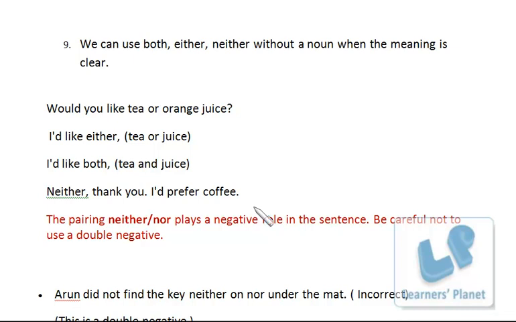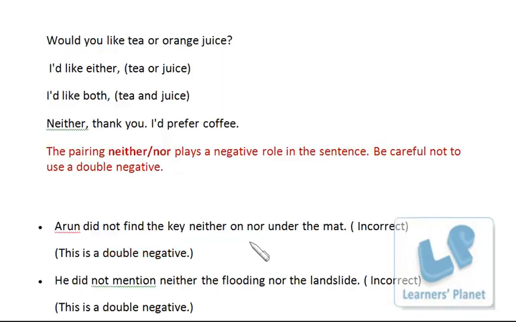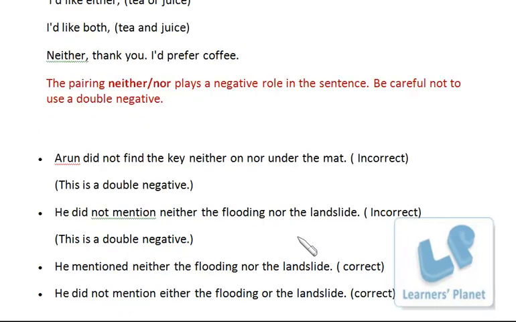The pairing neither nor plays a negative role in the sentence. Be careful not to use a double negative. Arun did not find the key neither on nor under the mat. That's incorrect because there is a double negative: did not is negative, and neither nor is also negative. He did not mention neither the flooding nor the landslide. Again there is a double negative.